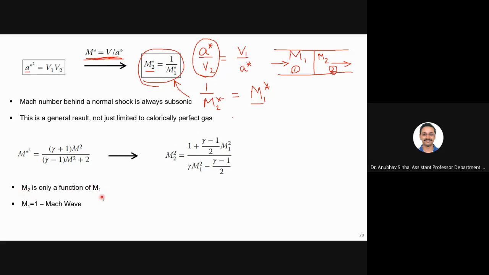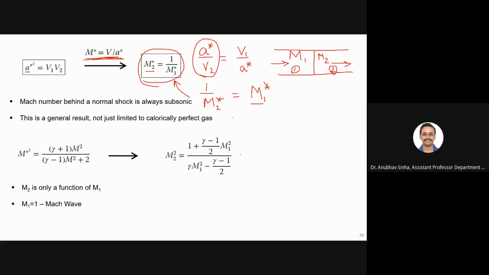Okay, and when M1 is equal to 1, if you substitute it here, tell me what will be the M2. Can anyone calculate and tell? If M1 is equal to 1, what will be M2? Will M2 be 1?